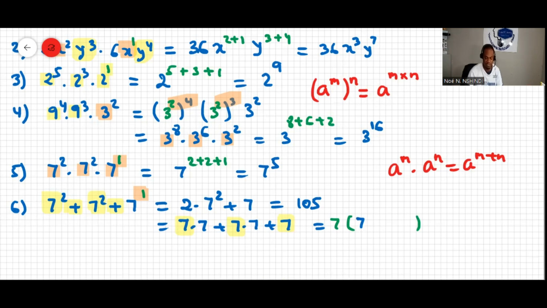So it's going to be a factor of 7 plus 7 plus 1, which makes 15. And then 7 times 15 is equal to 105. It's another way of solving this problem.